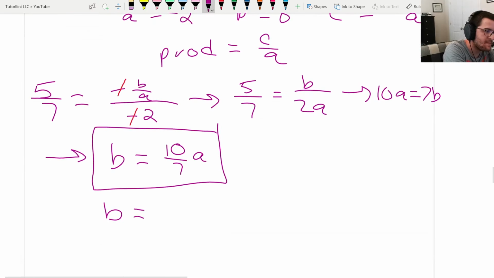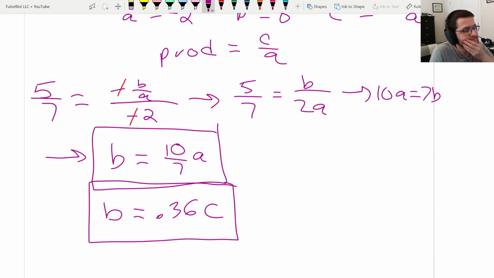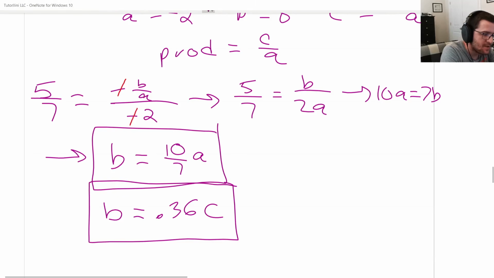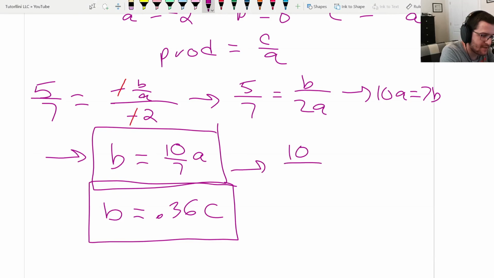So let's do that. So now we want to relate a and c, but you see, oh, now I got b equal. So we're going to set those guys equal. So let's do that over here. So 10/7 a is equal to 0.36c.